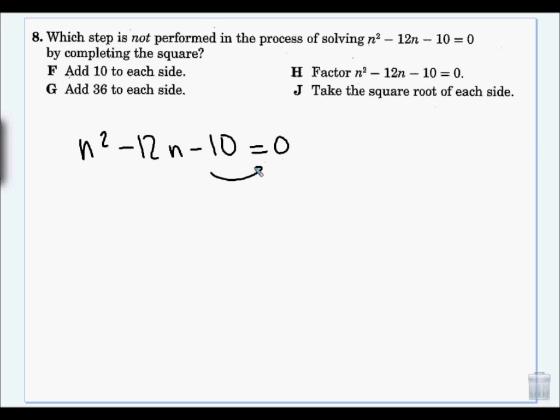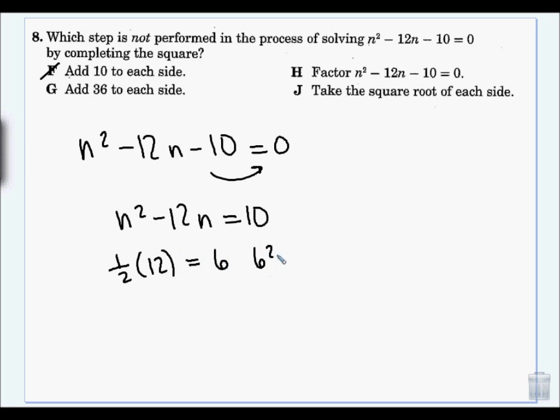So first we move that over, so we add 10 to both sides. Okay, so we do that. And then we take 1/2 of 12, and then we square it, and that's what we add to both sides. So we do add 36 to both sides.